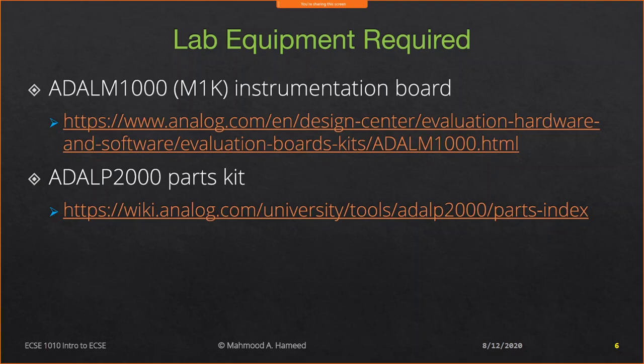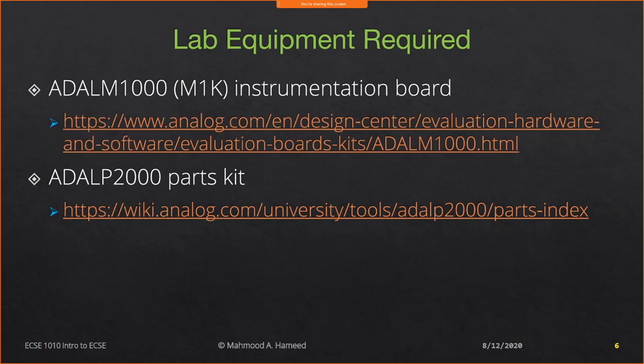The part number for the instrumentation board is actually ADALM 1000. So it's designed and manufactured by Analog Devices, the company. But instead of saying ADALM 1000, we are going to call it the M1K board, the instrumentation board.